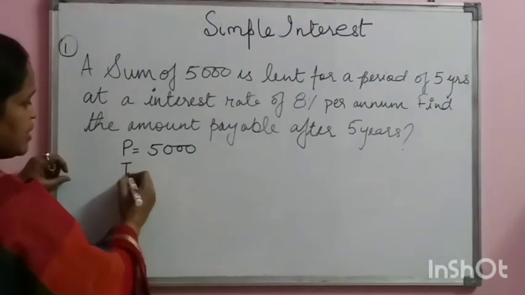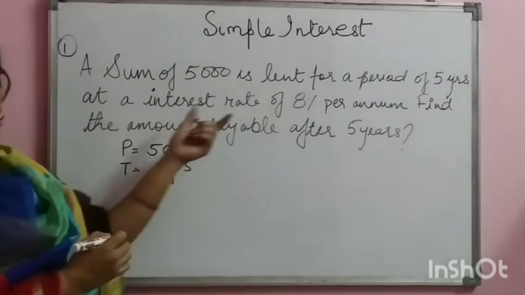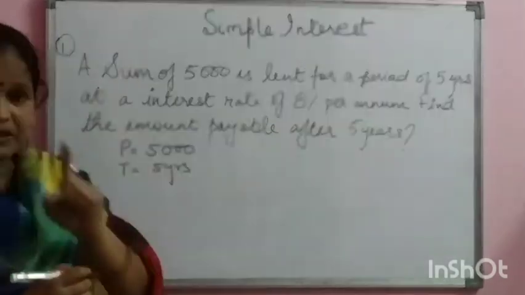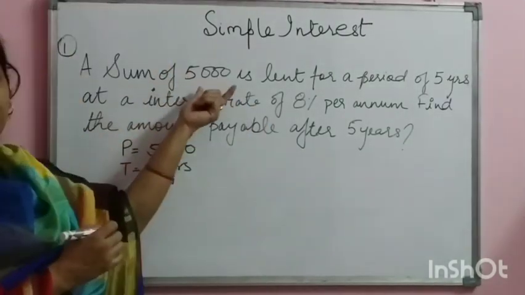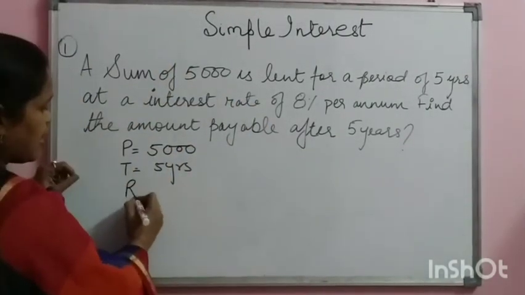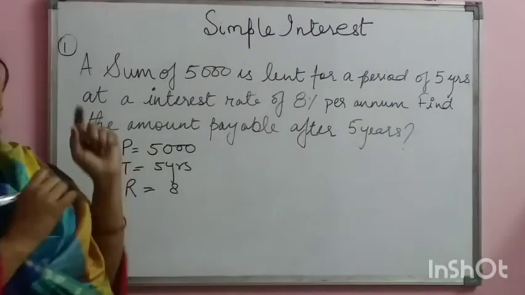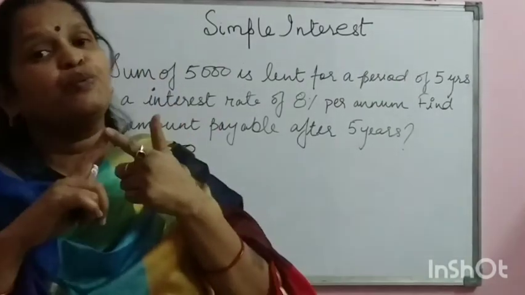So time is 5 years. Rate is 8% per annum. So yearly 8% is charged on an amount of rupees 5,000. So R is 8%. First you will calculate the interest and then you will calculate the amount.